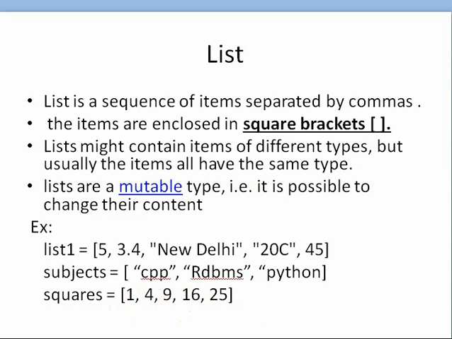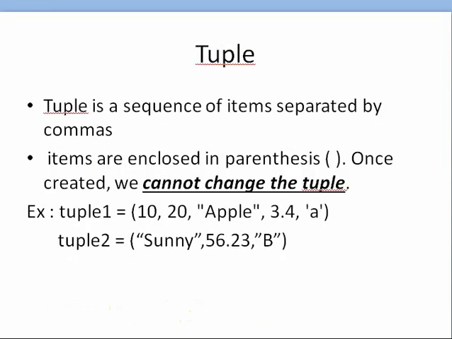Next data type is tuple. Tuple is a sequence of atoms separated by commas. Atoms in a tuple are enclosed in round brackets. It is called parenthesis.